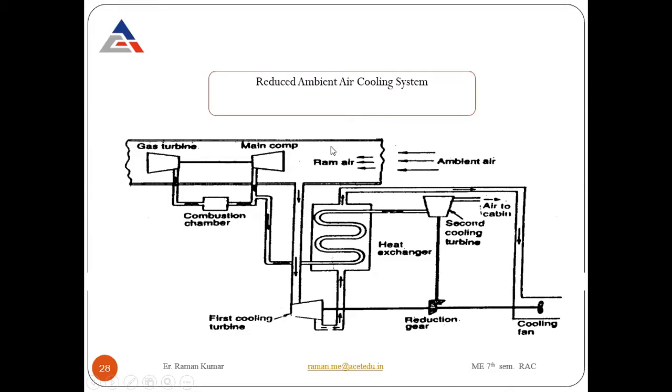When your very high speed jet aircraft is flying, the temperature of the rammed air is very, very high. So first we need to cool down the temperature of the ramming air. That's why we place a first cooling turbine over here. So this is mostly used in very high speed aircraft. Everybody note it down. Hurry up.